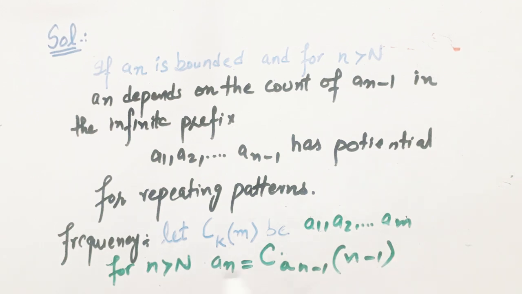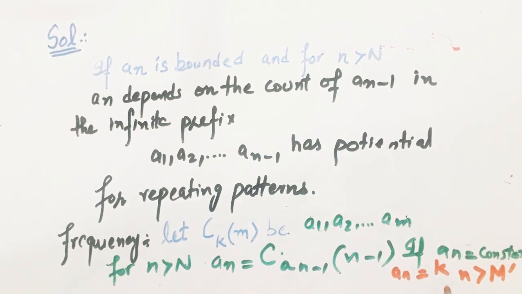If an becomes constant for large values of n, then an is equal to k, where k is some constant and n is greater than capital M. So k must be the number of times k appeared in the preceding terms.